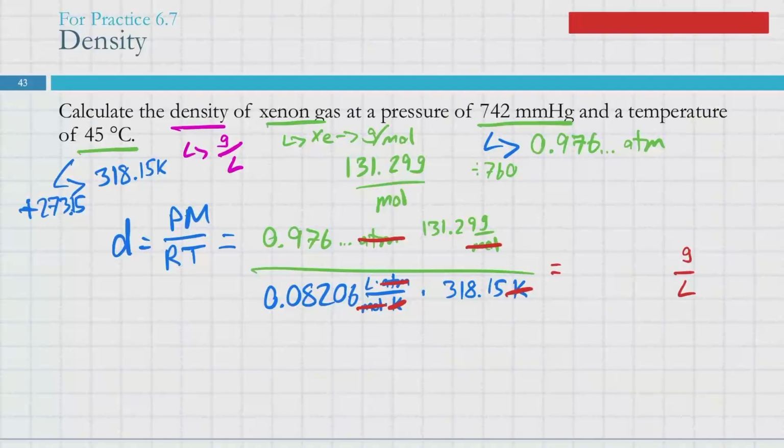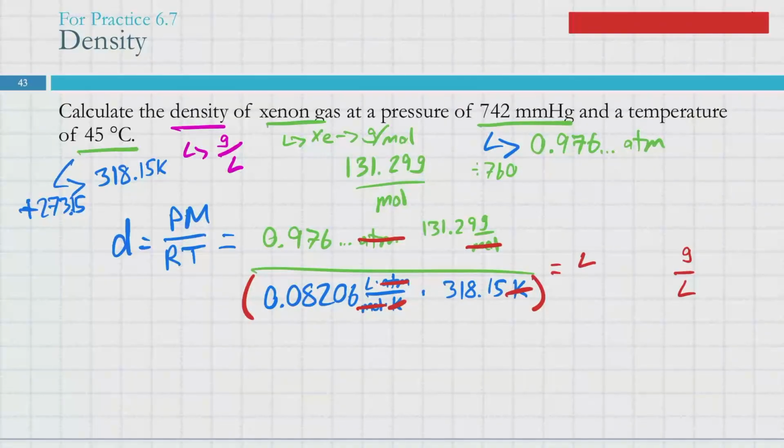And then we get to plug in our big numbers, big strong numbers. When we're solving problems that have multiple things on the bottom, it's a good idea to put everything that's in the bottom in parentheses so that you don't accidentally multiply by 318 at the end.